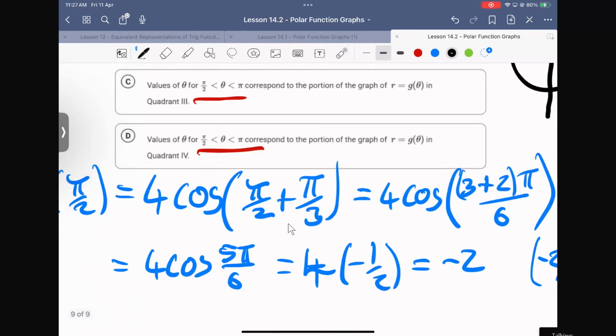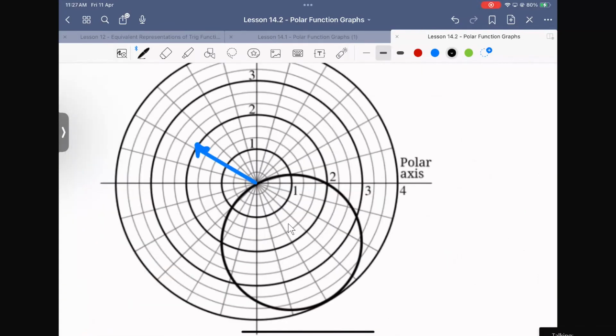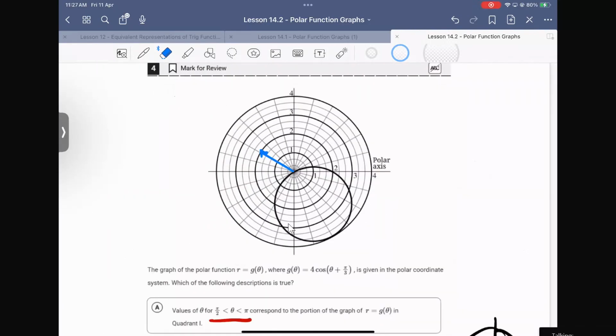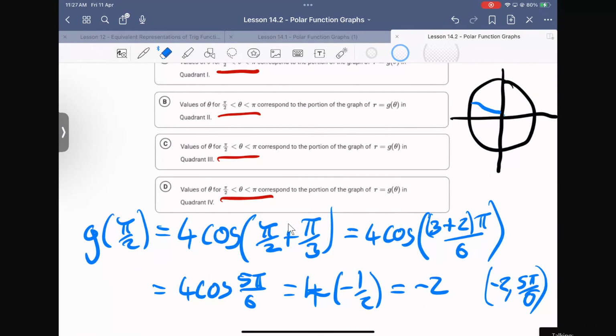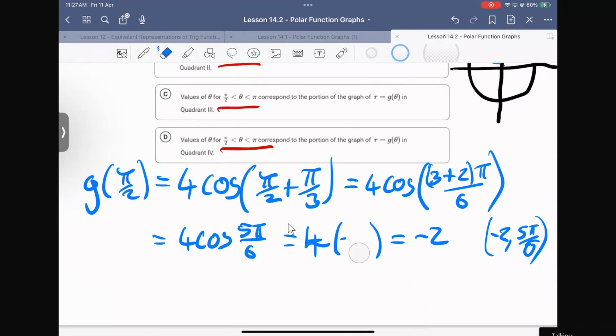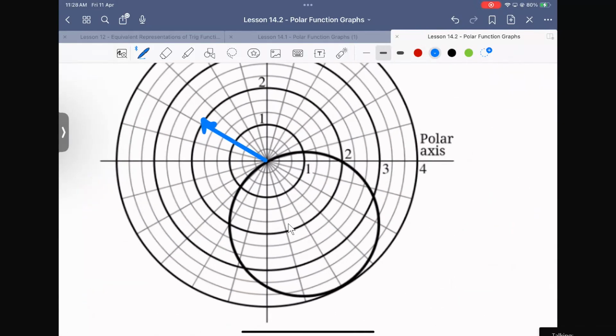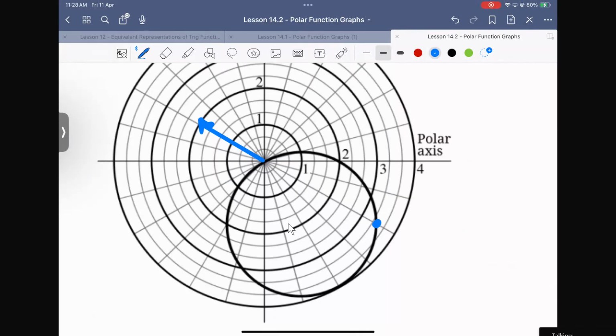Made a mistake there, spotted it. I spotted that mistake because as I tried to trace this across, I'm not at minus 2. So I see I've made a mistake. Nice one. So removing that, this is supposed to be root 3 minus root 3 over 2, which will give us the value minus 2 root 3. Now, minus 2 root 3 is something around about here. That looks right.